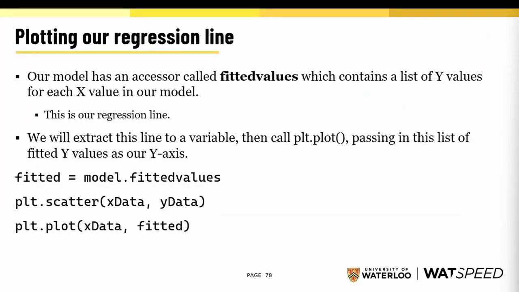Well, it turns out our model has a property called fittedvalues. This contains a list of y values for each x value in our model. This is our regression line. So we're going to extract this line to a variable, and then we will call plot, and we'll pass in the fitted y values as our y-axis. So watch this.